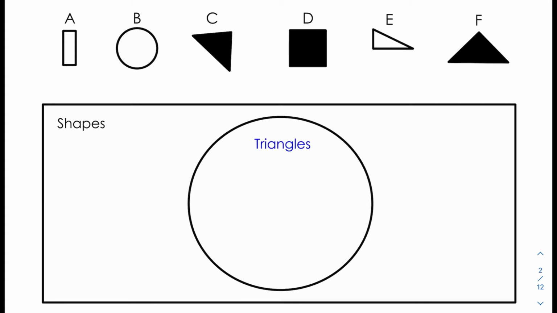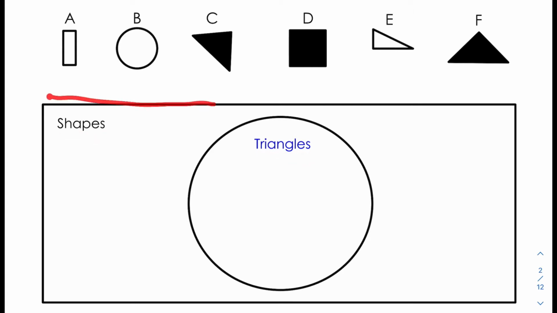So a Venn diagram is a diagram that's used for sorting, where we sort items by their properties or by their attributes. So the two properties or attributes that we're sorting these different shapes in, we're going to have shapes and we're going to have triangles.